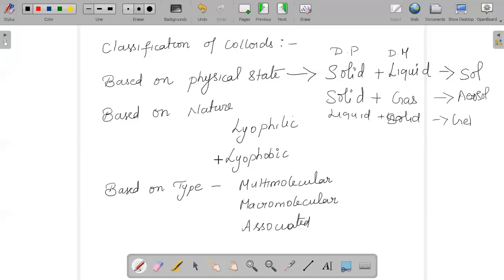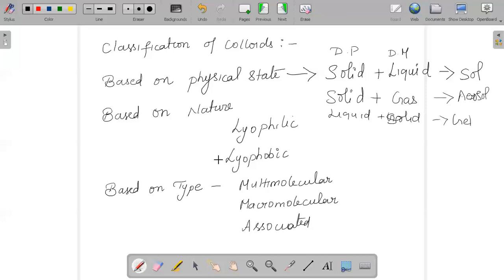we say that it is of two types: lyophilic colloids and lyophobic colloids. Lyophilic means, in general, liquid loving. Some substances can form colloids directly on mixing them with a suitable liquid, and these colloids are called lyophilic colloids.